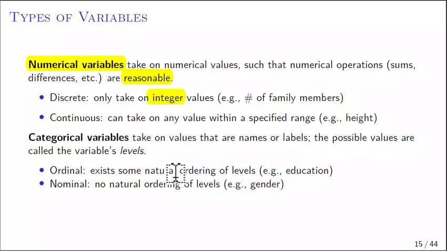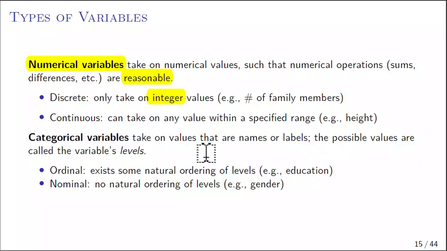The best example I use here is the end of the semester, when you are going to evaluate my teaching. You're going to say whether my teaching is good, not that good, or very bad. These kinds of categories.